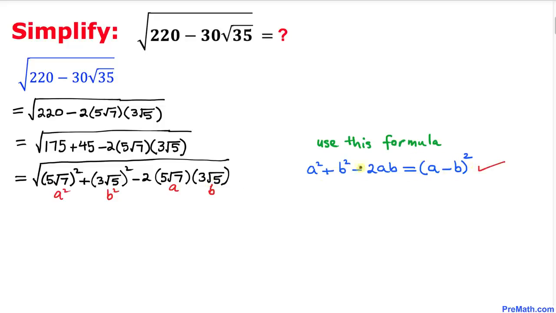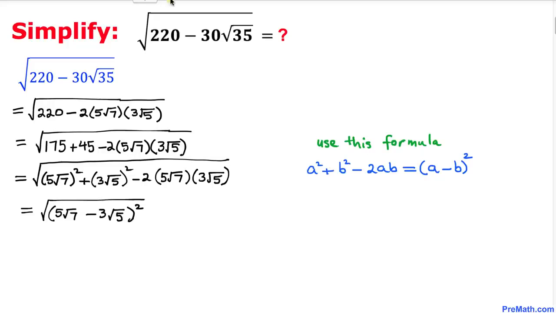As you can see over here, a square plus b square minus 2ab equals a minus b, all square. So therefore I can write this whole thing as the square root of 5 times square root of 7 minus 3 times the square root of 5, and then square.